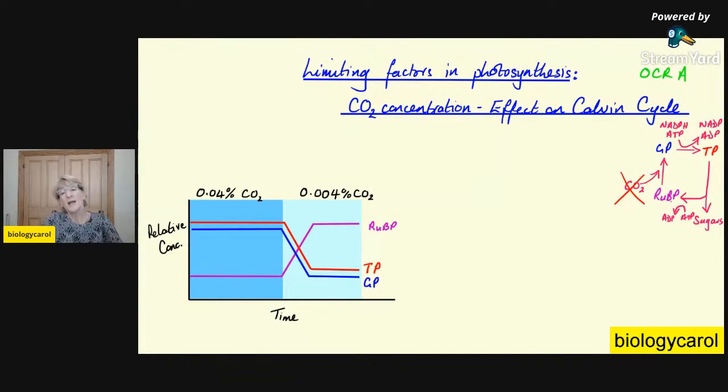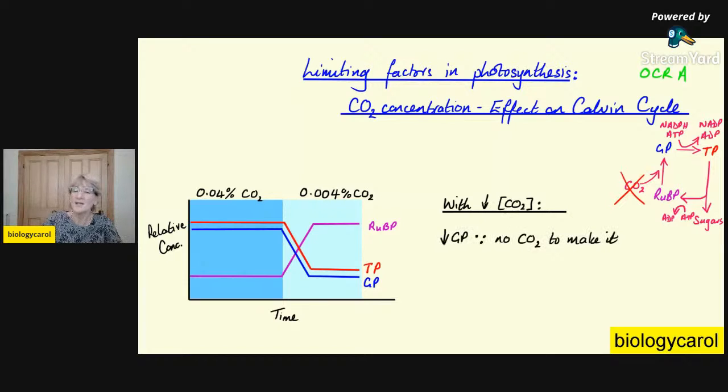But equally, there will be an accumulation of RuBP, because there's no carbon dioxide for it to react with so that it is turned into GP. So with decreased carbon dioxide concentration, there's decreased GP because there's no carbon dioxide to make it.